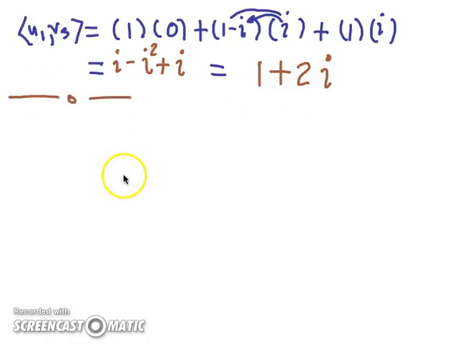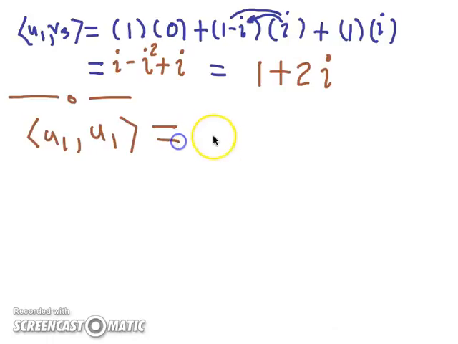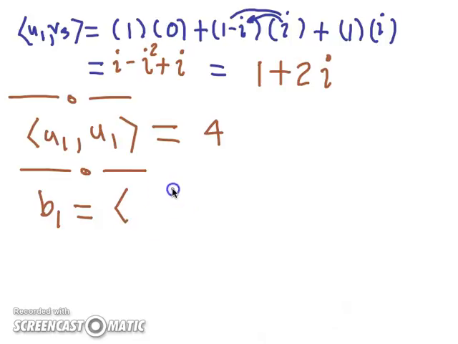The other quantity we need to compute is the inner product of U1 times itself. We had previously computed that this equals 4. So that means that B1 is going to be equal to the ratio of these two inner products.